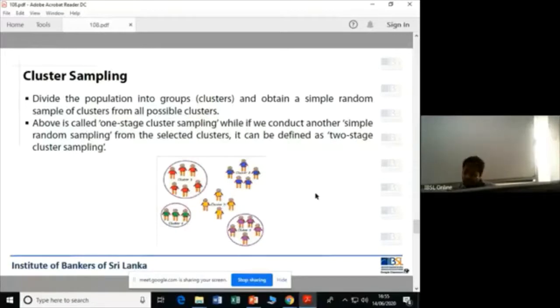And importantly, you will only take one household from agriculture and fisheries and so on and so forth. So your sample will not have repetitive values in that 20. So in some of these practical examples, you could see cluster sampling is also used by statisticians.